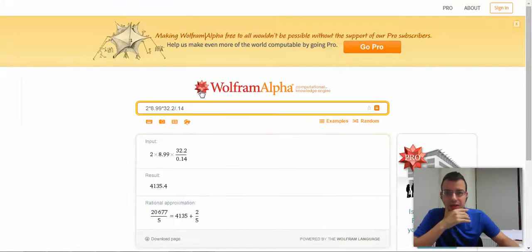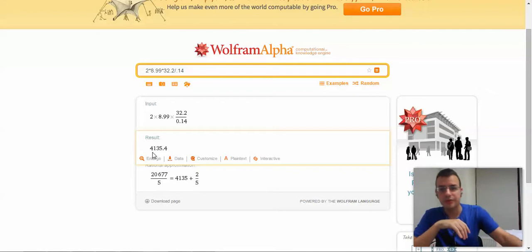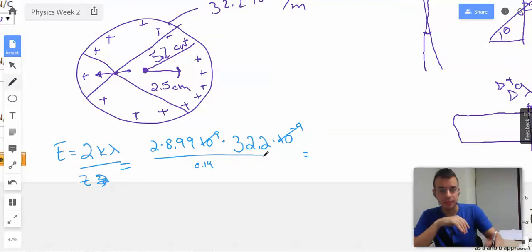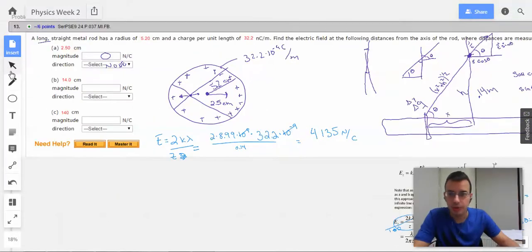All right. So then here we're going to have 4135. And this will be newtons per coulomb? Yeah, newtons per coulomb.